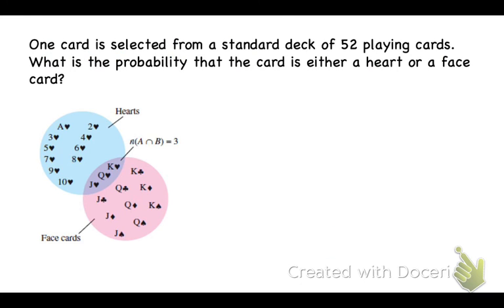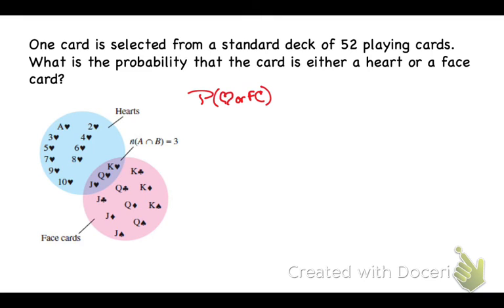Okay, so here's a picture. One card is selected from a standard deck of 52 cards. What is the probability that the card will be either, which is an or, right? Heart or a face card. Okay, so how many hearts are in the deck? 13. Probability of a heart or face card.